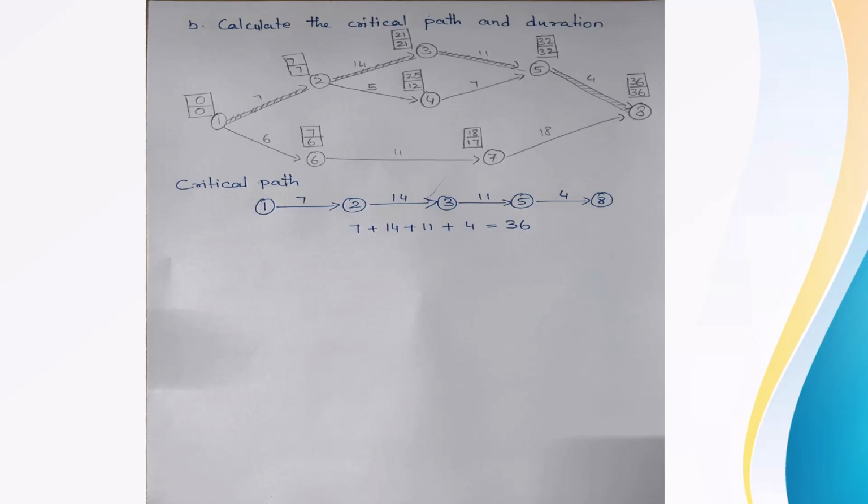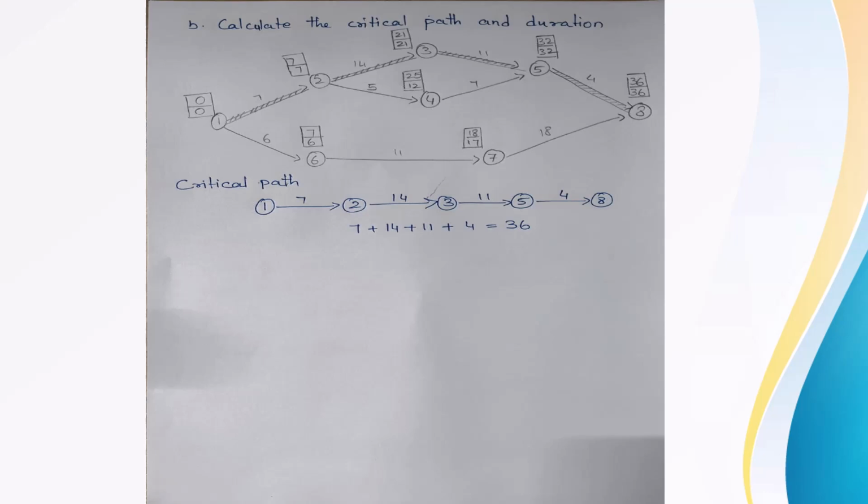So this is how we calculate EST. EST is moving forward, and we add the duration to the previous activity's EST to get the EST of the next activity. Now we have reached the last activity and calculated its EST as 36. So we'll give the same 36 as the LFT.